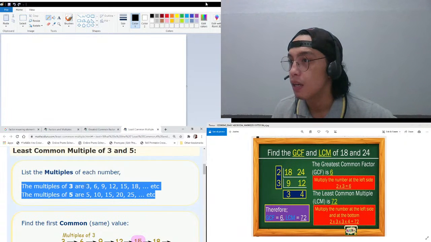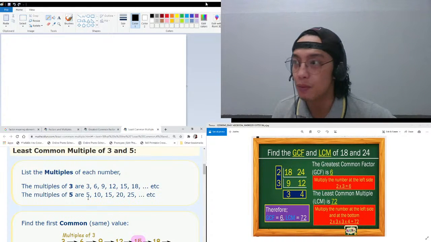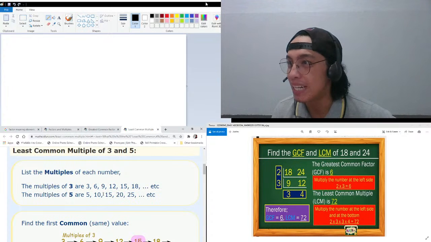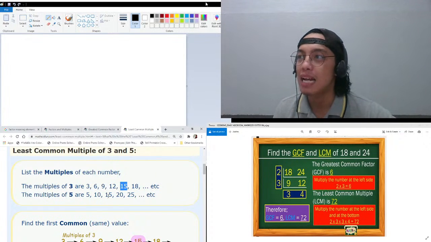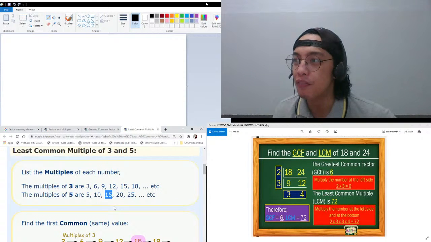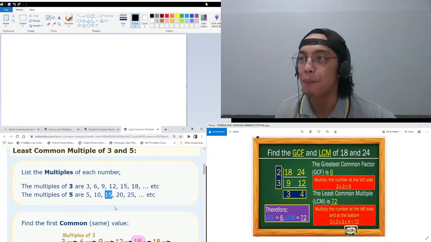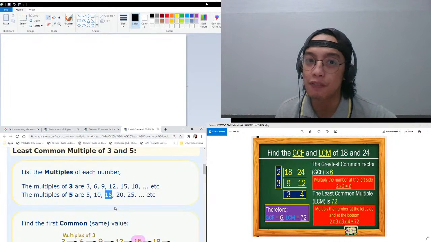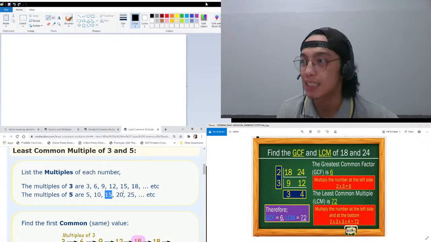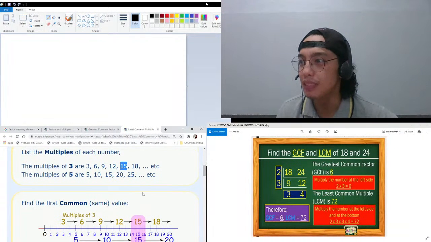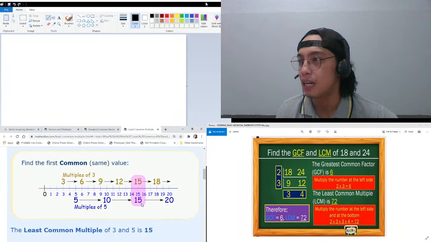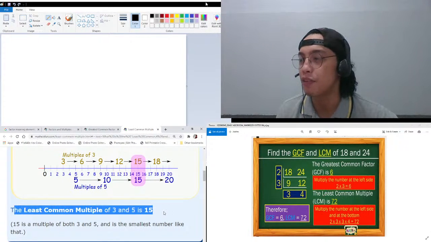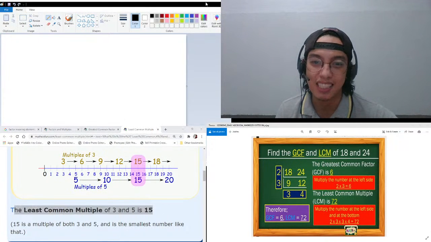So, walay 3 ang multiple sa 5, walay 6, walay 9, walay 12 sa silong, 15. Na ay 15 sa 3, na apoy 15 sa 5. So, muna itong multiple. Least common multiple. The least common multiple of 3 and 5 is 15. Okay? Yan na siya.